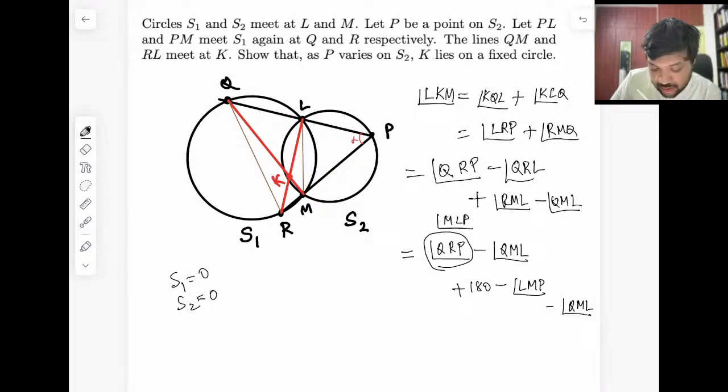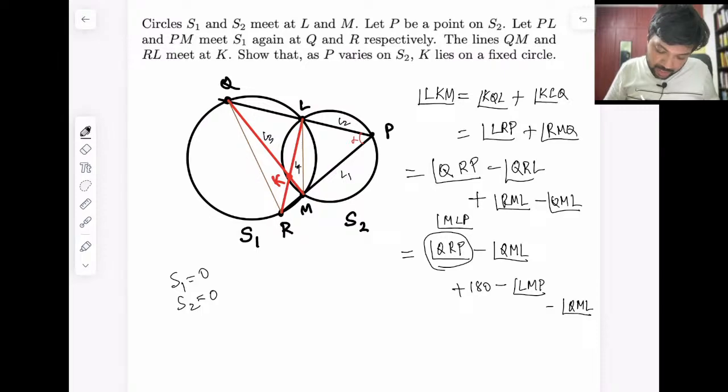There are two circles, there are two lines L1 and L2 given to you, and then there is this L3 and L4. L3 is like QM and L4 is like LR, and they intersect at K. Very abridged coordinates setup it looks like.